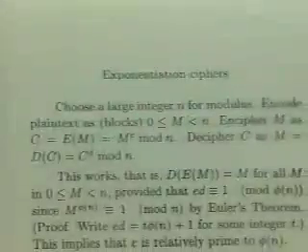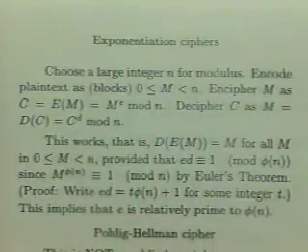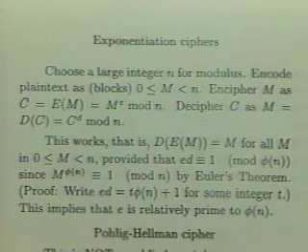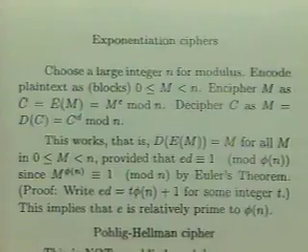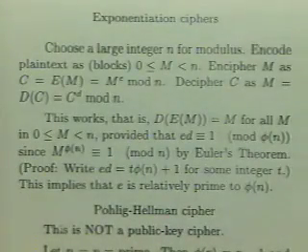Okay, so we're going to talk about one cipher, which is an example of an exponentiation cipher. Exponentiation just means that you raise something to a large power to encipher, and you also raise something to a large power to decipher. So first of all, where do these numbers come from? We're going to choose a positive integer n, probably a large positive integer n.